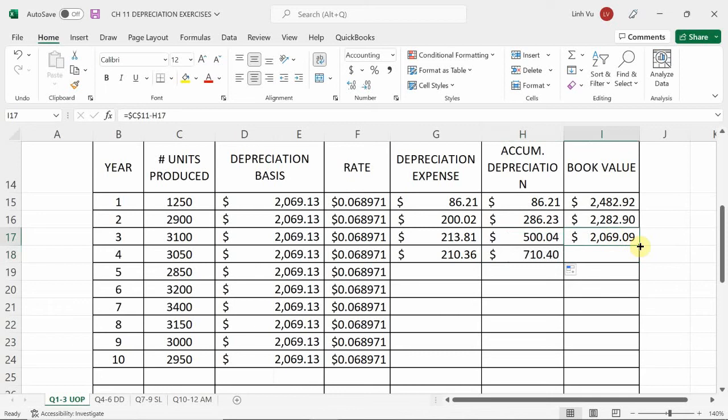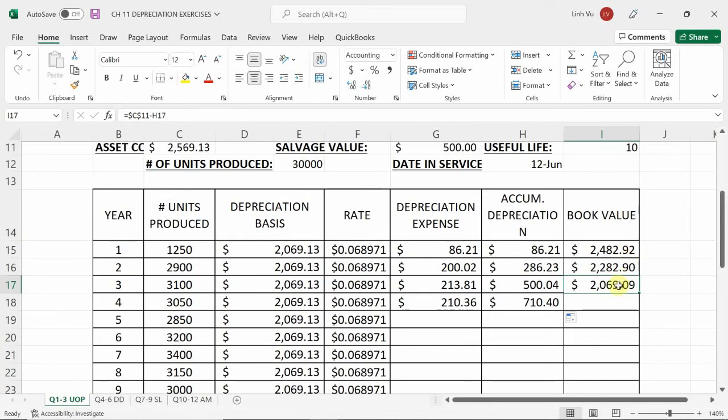So what's my book value now? $1,858.73. Okay. If I produced 2,850 units this year, what is going to be my depreciation expense?